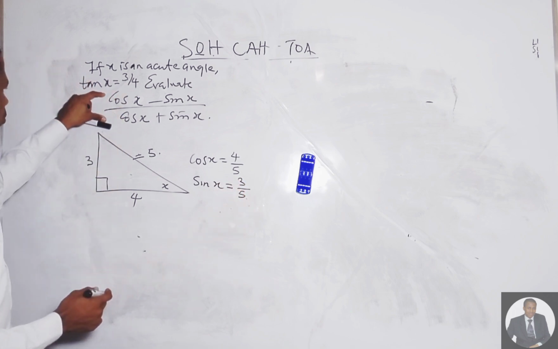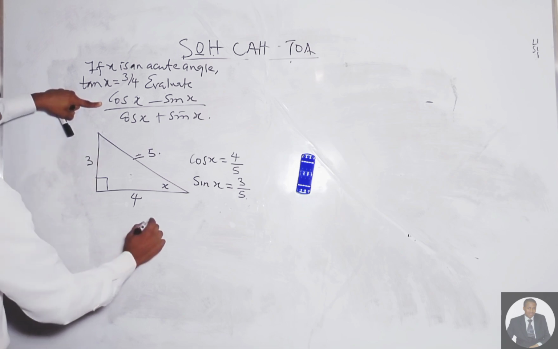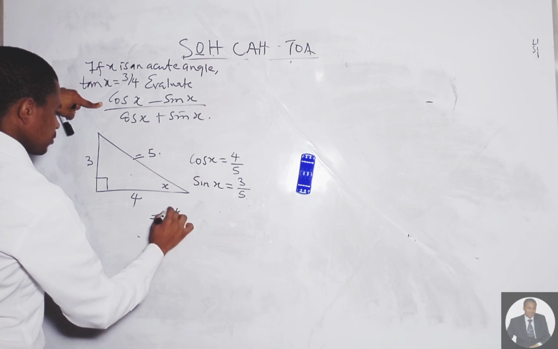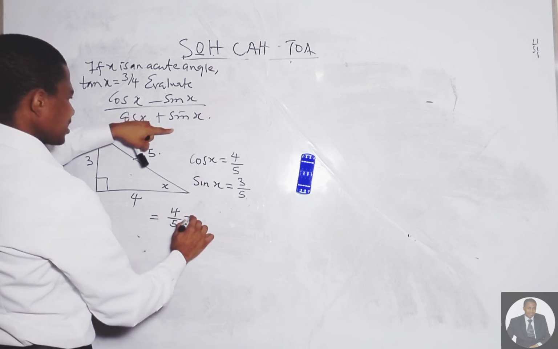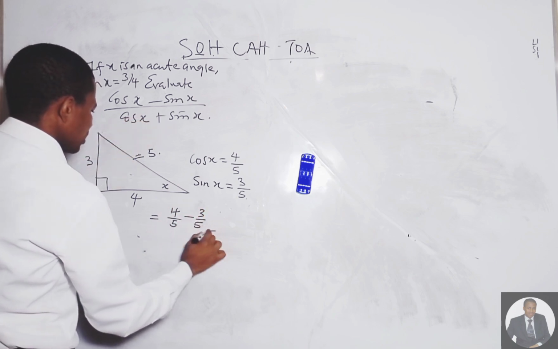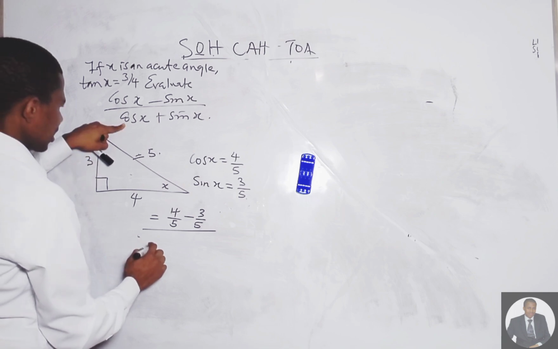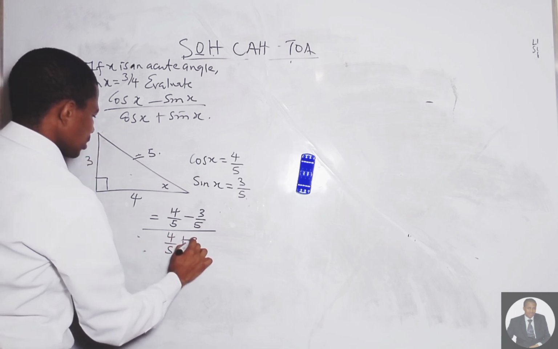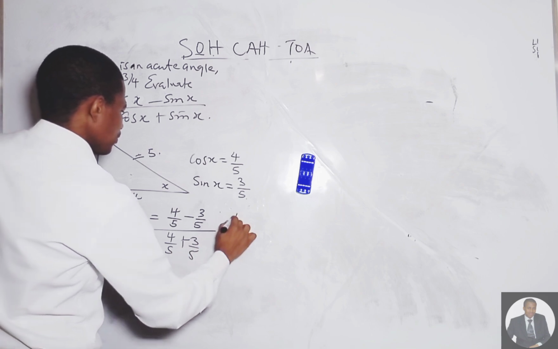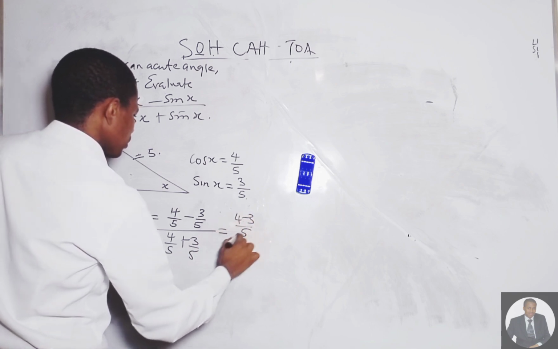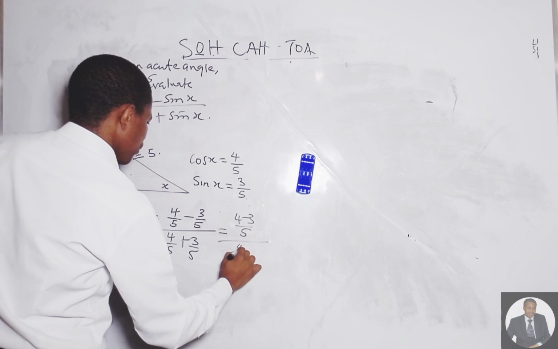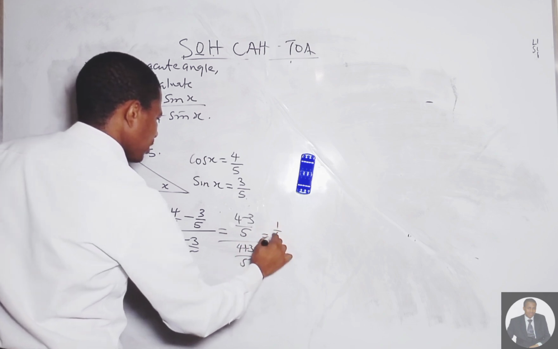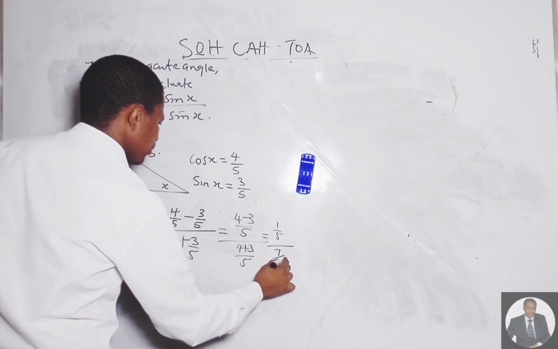So how do we bring these together? Cos x is 4 over 5 minus sin x, 3 over 5, divided by cos x, 4 over 5, plus sin x, 3 over 5. This is 4 minus 3 over 5, all over 4 plus 3 over 5, and that will give us 1 over 5 divided by 7 over 5.